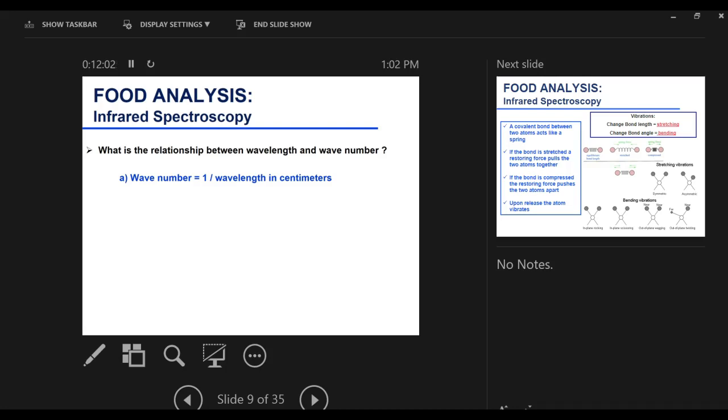And wave number is basically 1 over wavelength in centimeters, so the unit is centimeter to the minus 1.